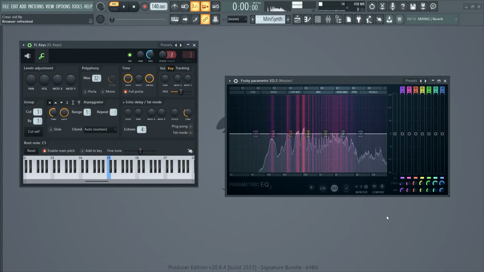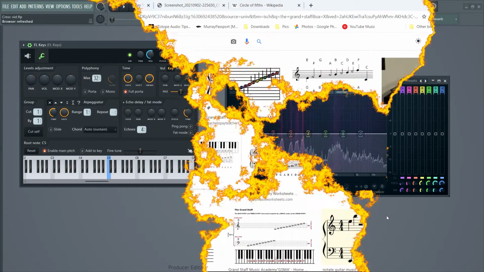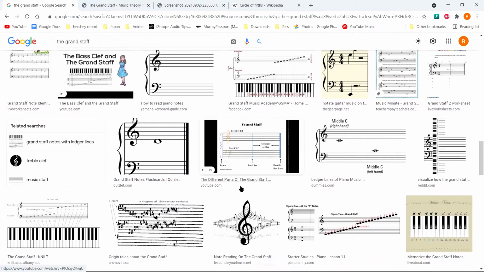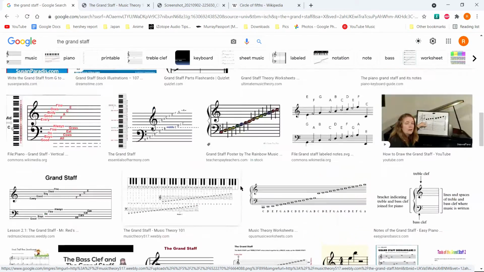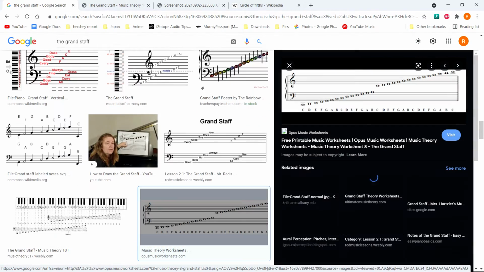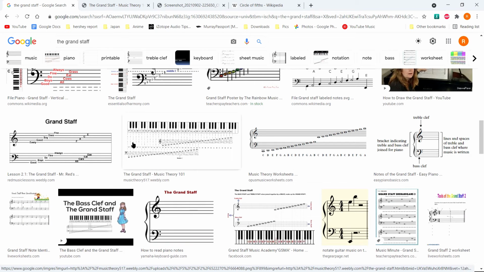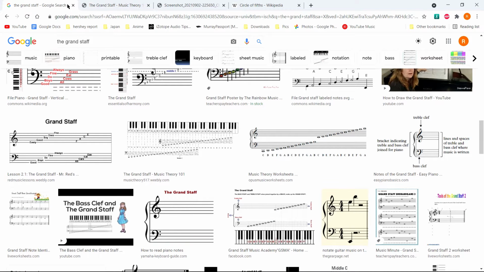So today I'm going to do something different, and we're just going to go to the internet. If you go to Google and you type in the grand staff, you go down and you find a picture, then you can click on whichever picture you like. Then you can visit the website. I did it earlier, so the picture is still there.